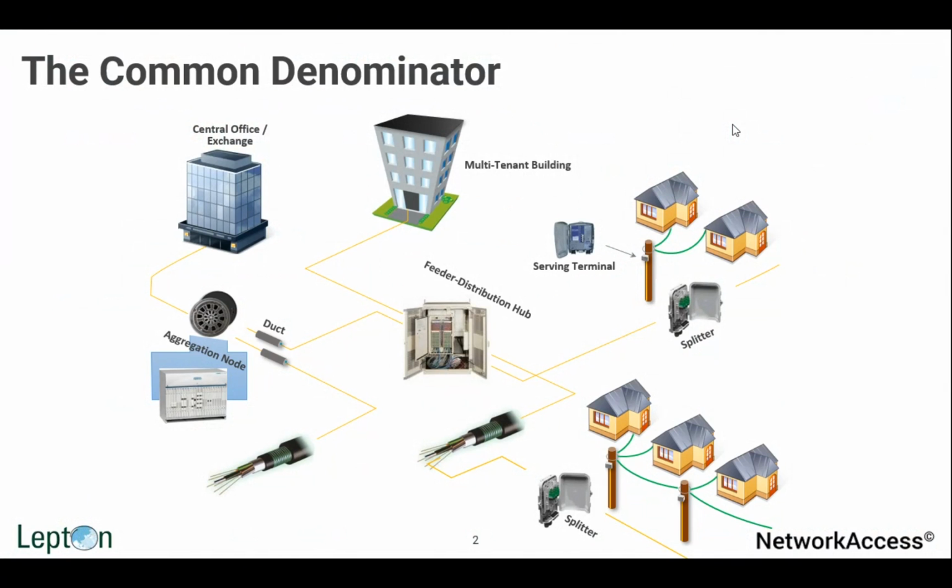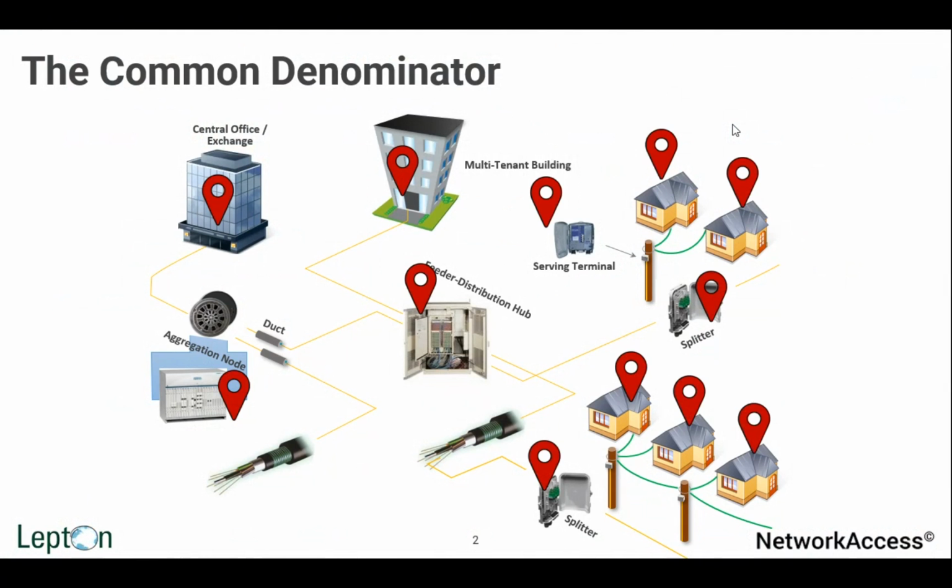However, what's common among all of them is they're all at a particular location. Of course, they are the key elements that actually allow us to provide service to a customer. However, each of them is at a particular location.